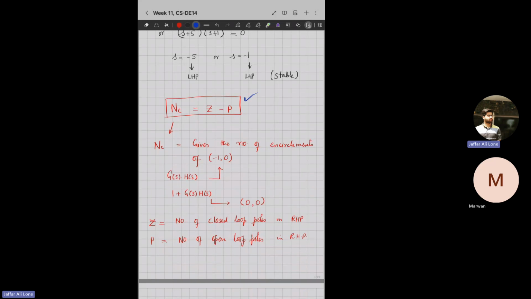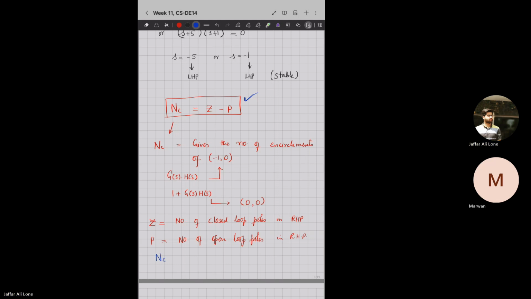That is NC is Z minus P, where NC gives me the number of encirclements around the point, either minus 1 comma 0 or 0 comma 0, depending on the mapping of the Nyquist contour to the G(s)H(s) plane or the 1 plus G(s)H(s) plane. Z is the number of closed loop poles in RHP, and P is the number of open loop poles in RHP.